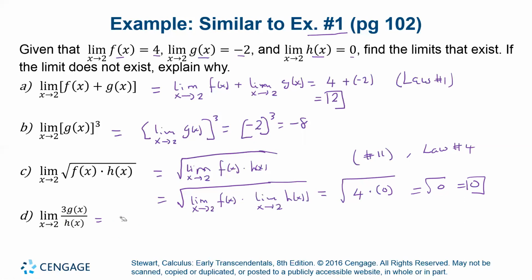Okay, I'm going to apply law number 5 right now. So it is going to be the limit of 3 times g of x. Actually, we can get more space there.